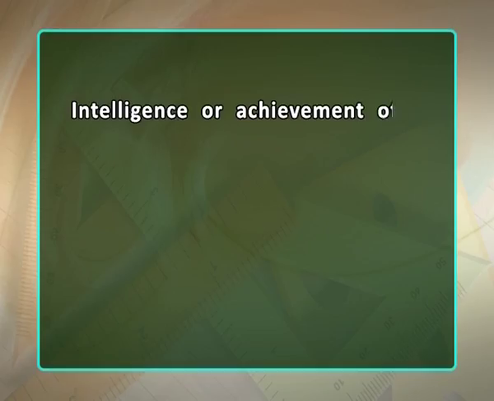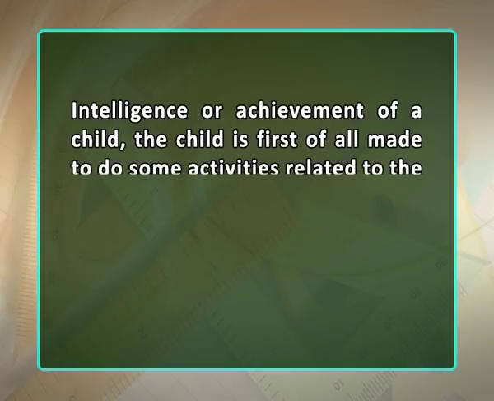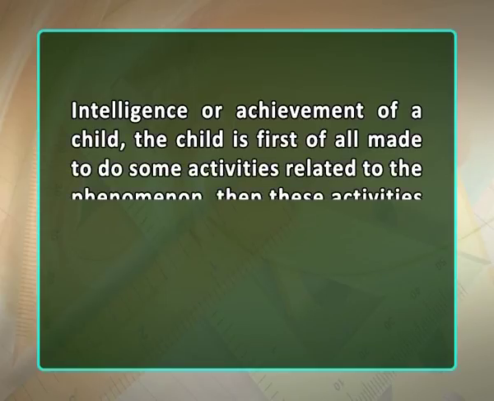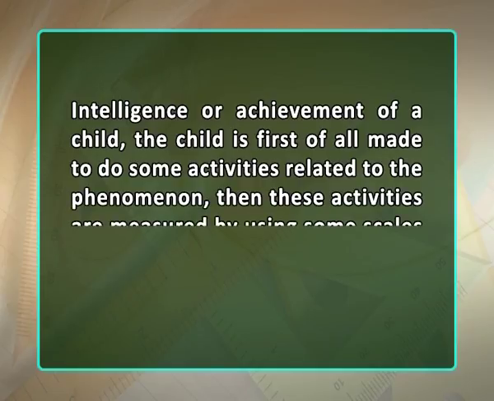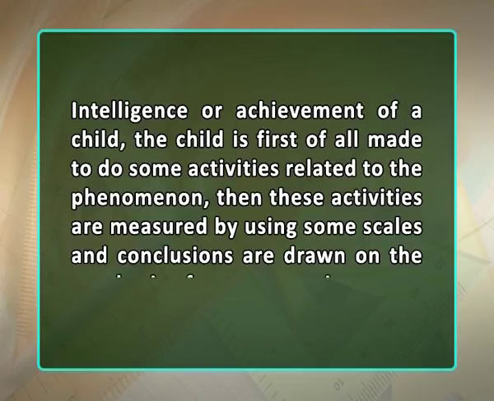All the measurements in psychology and education are only indirect. In order to measure the intelligence or achievement of a child, the child is first of all made to do some activities related to the phenomenon. Then these activities are measured by using some scales and conclusions are drawn on the basis of norms and experience.